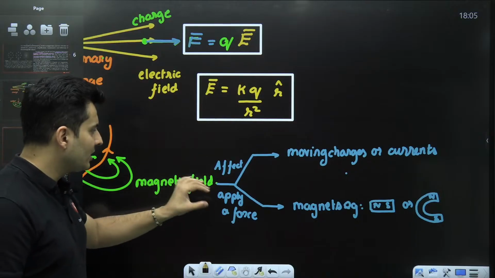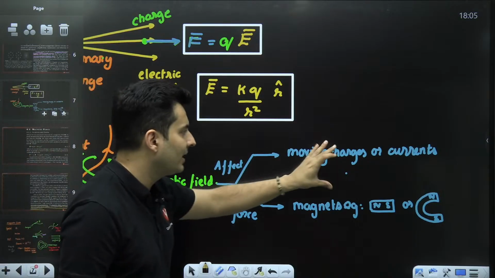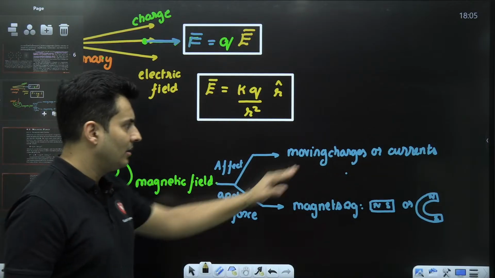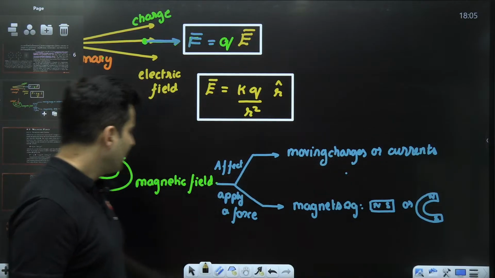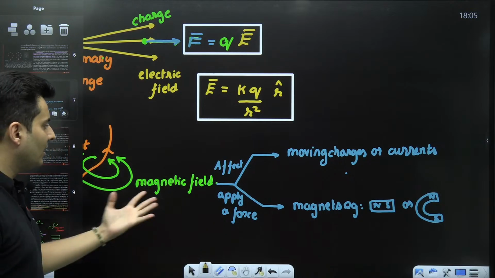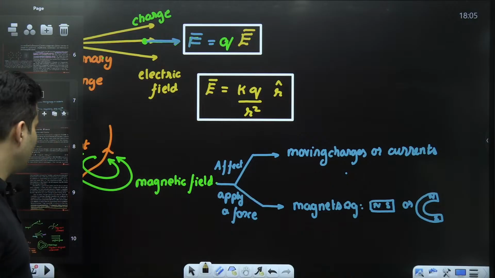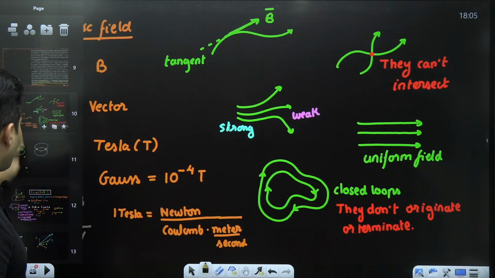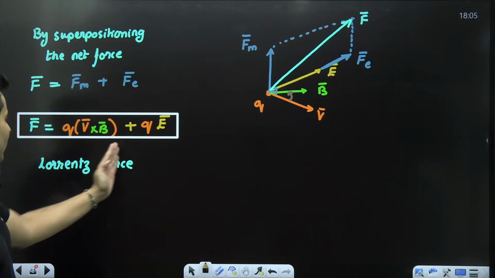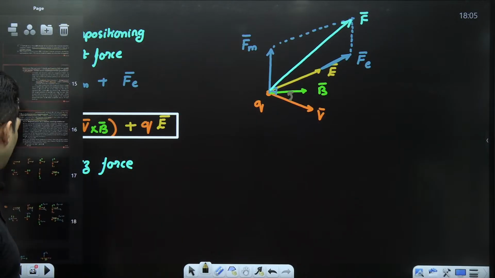We have seen how magnetic field affects charges in motion or currents. We also saw how current produces magnetic field around it using Biot-Savart's law. We have learnt about magnetic field, and about the Lorentz force, qv cross B and qE together.